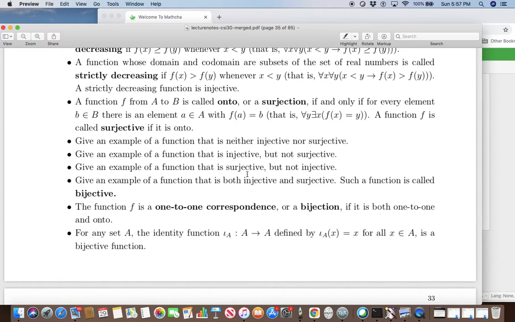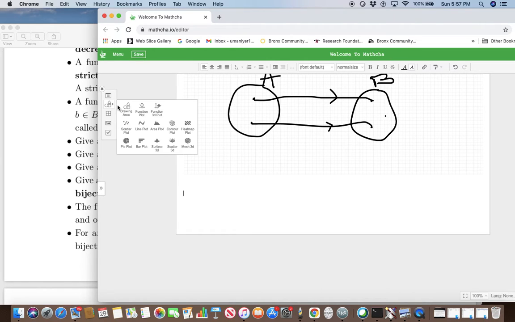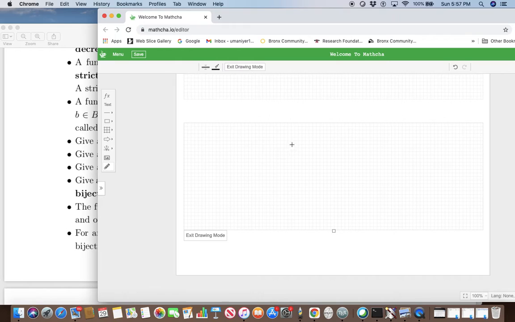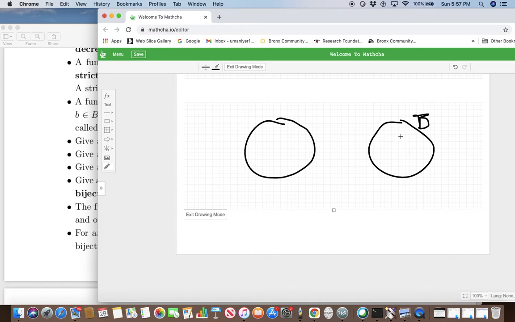All right. Now, give an example of a function that is surjective but not injective. Let's draw another picture. You want something that is surjective but not injective. So suppose you have 2 elements in your codomain and 3 elements in your domain. Say this element went here.